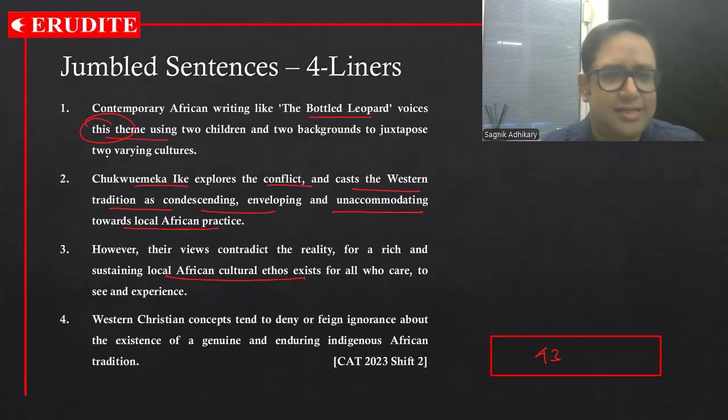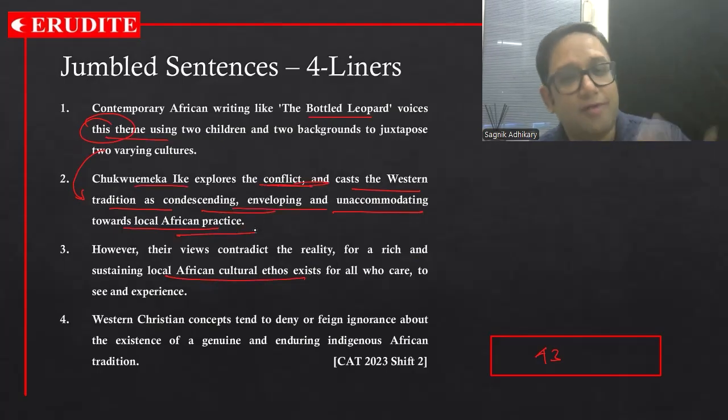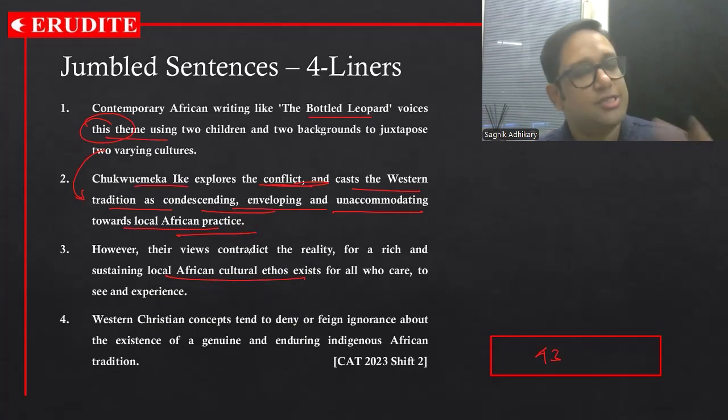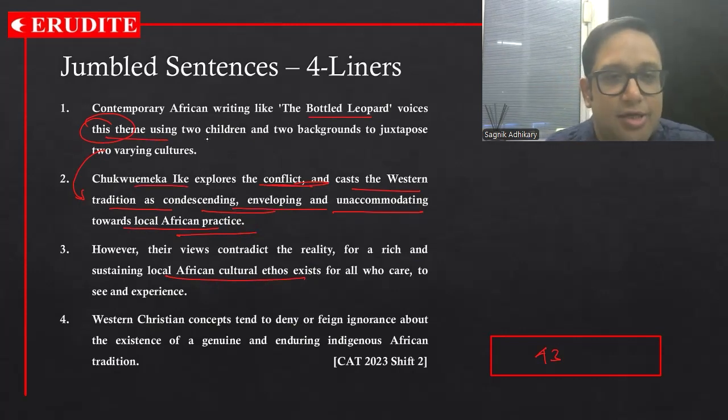If that be connected, then we don't have a place to put in 2. Or it can connect with this theme, the aspect of the conflict between the African ethos and the Western perspective. So contemporary African writing like The Bottled Leopard voices this theme using 2 children and 2 backgrounds to juxtapose 2 varying cultures.